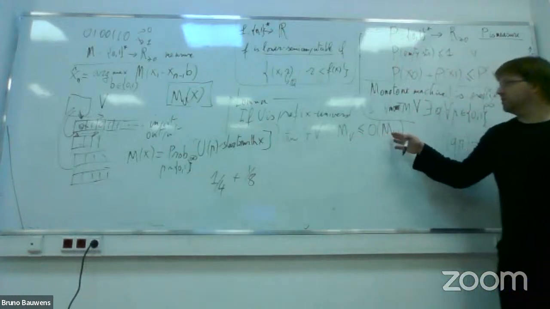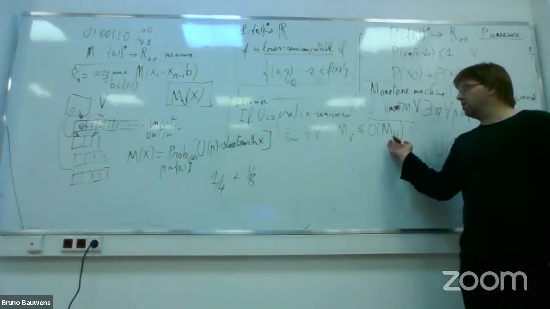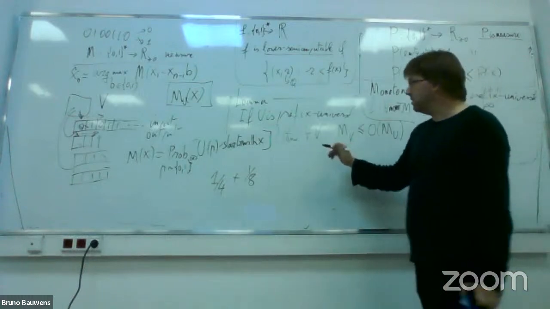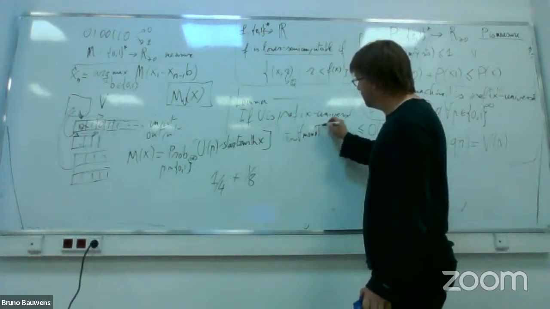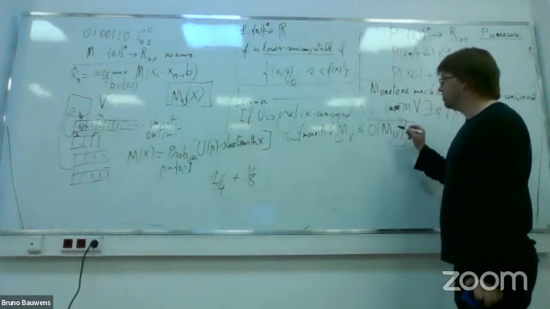So there is a constant factor, and so M_U is bigger, up to a constant, than any other machine. So for every monotone Turing machine V, this is true.